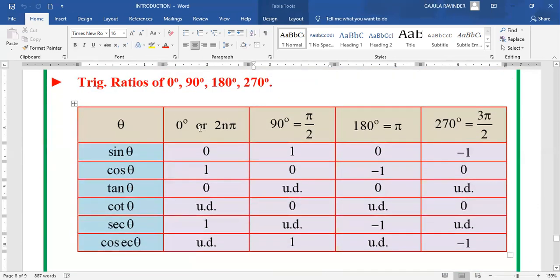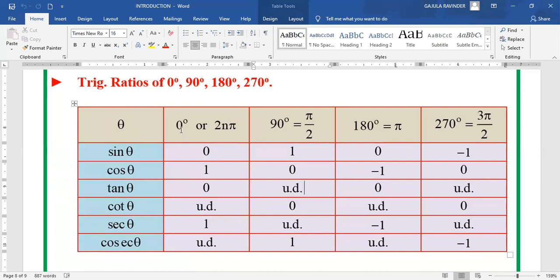Of course, 0 degrees is not only equal to 360 degrees. Even after a second rotation, meaning 360 plus 360, 0 degrees can also be equal to 720 degrees, and one more rotation, 1080.